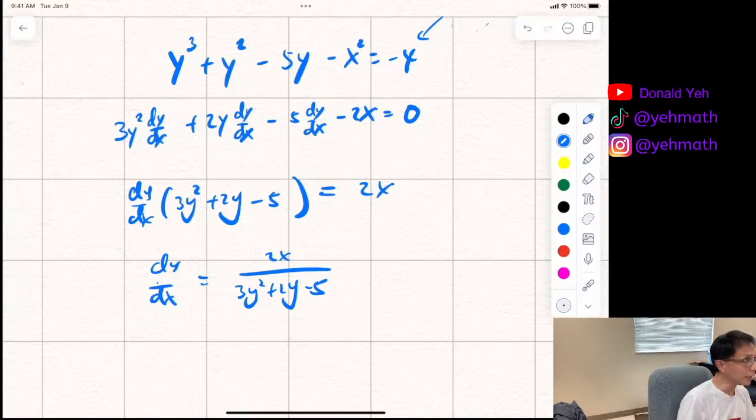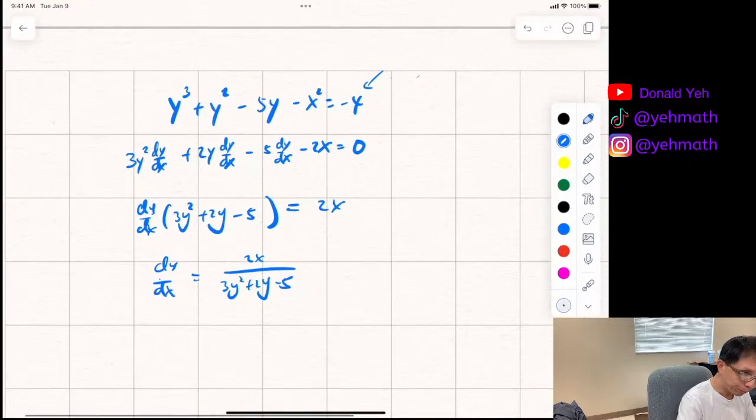Now at this part, I can ask you two questions. Can you tell me where the horizontal tangent is? Where does a horizontal tangent occur here? At 0, good. How do I find a vertical tangent? Where does a vertical tangent occur? Zero for the denominator.